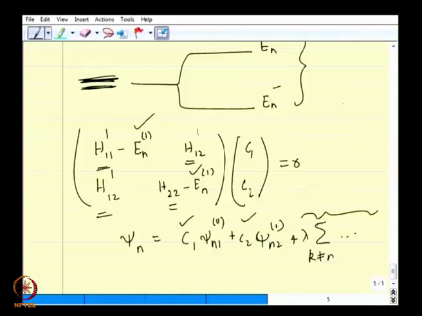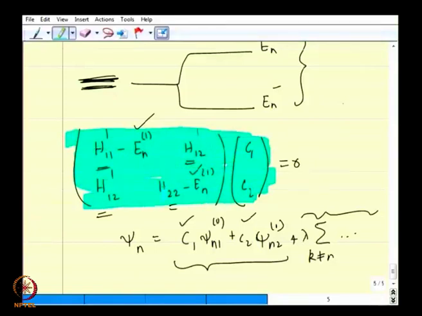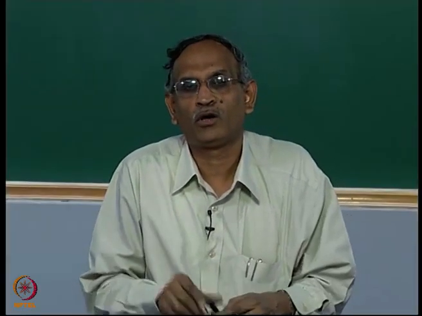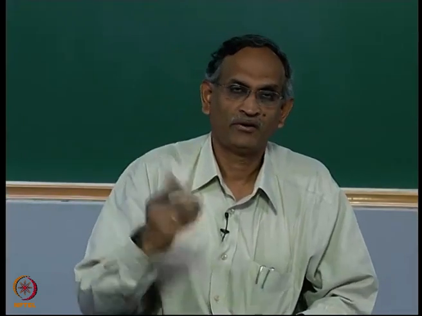Now first order correction to the energy fixes these coefficients C1 and C2 precisely as the eigenvector coefficients, the elements of the eigenvector for the solution of this matrix problem. Okay, therefore that is all that one needs to do in order to correct for the effect of the degenerate states in the presence of a perturbation, and this is to first order.